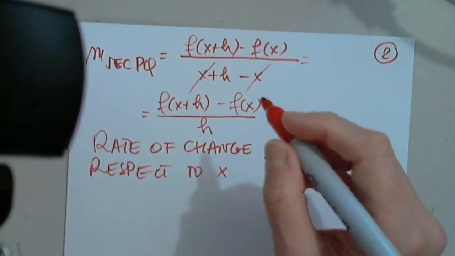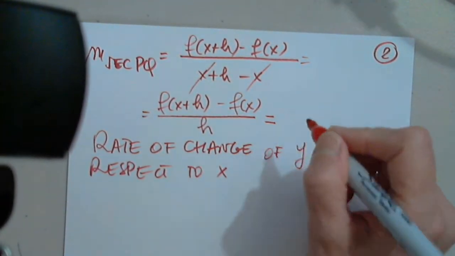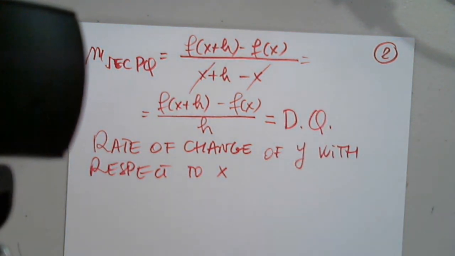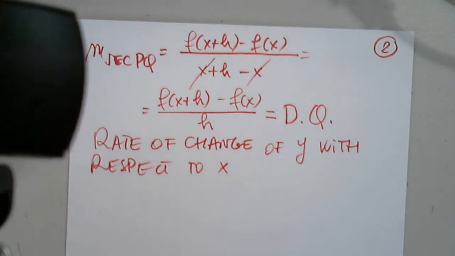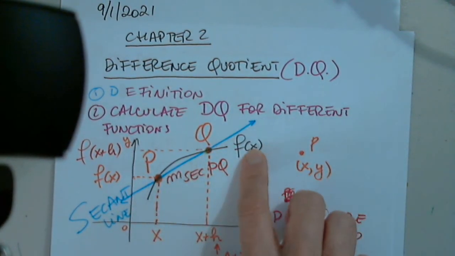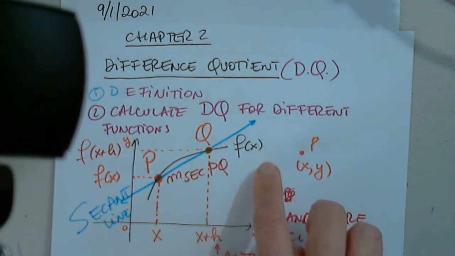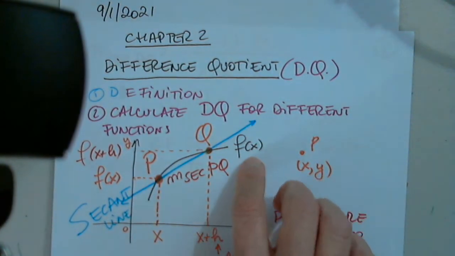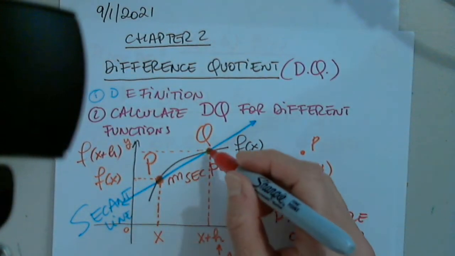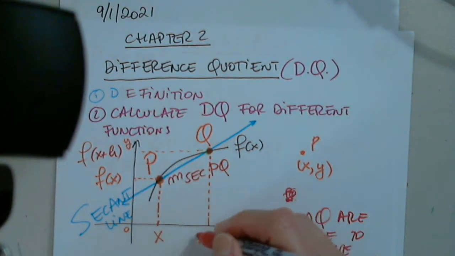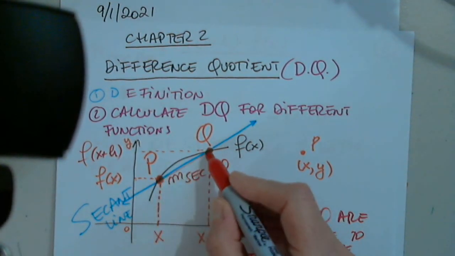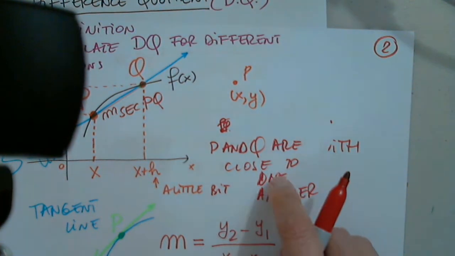But now this is clearly what we call the difference quotient. For any function between these 2 points, this function can be rational, linear, quadratic, polynomial, logarithmic, exponential, anything. For any function, f of x plus h minus f of x divided by h will represent the rate of change of that function between P and Q, but P and Q are very close to each other.